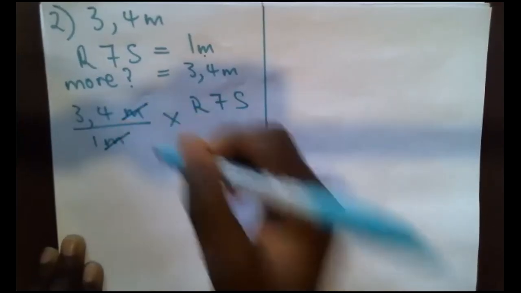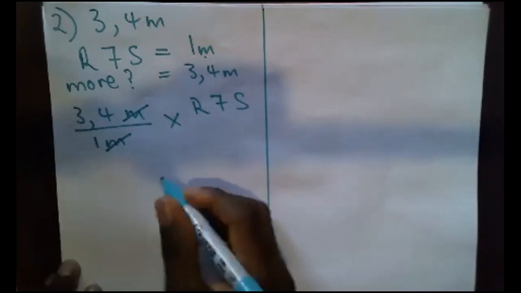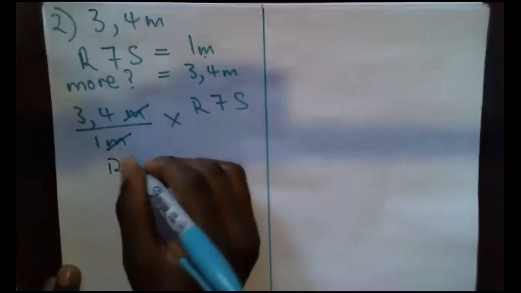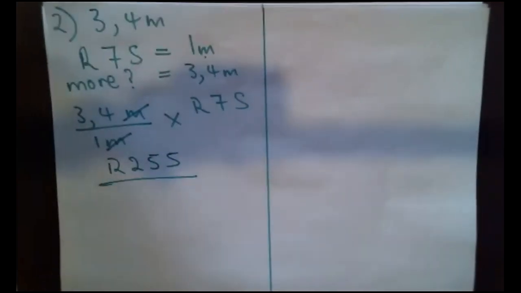Meters and meters will cancel out. Now we are left with 3.4 multiplied by 75 rand. This means we have to pay 255 rand.